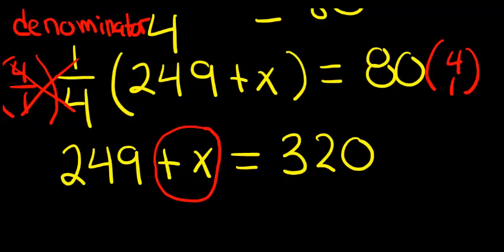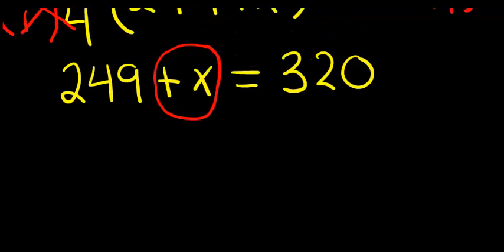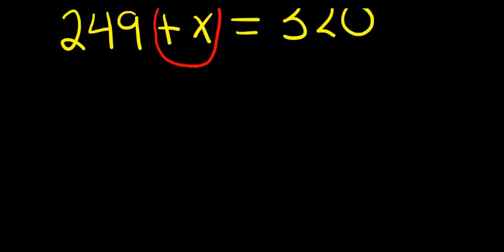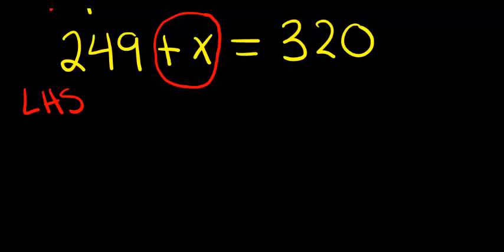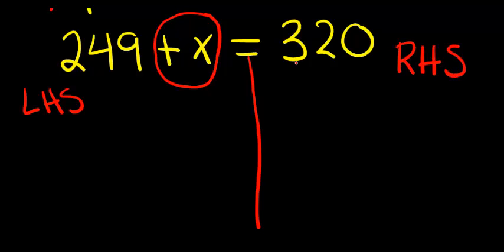So on the left-hand side of the equation, I have 249 as my constant term plus my variable term. I'm going to go ahead and put up my barrier right here. And on the right-hand side, I have the constant term of 320.